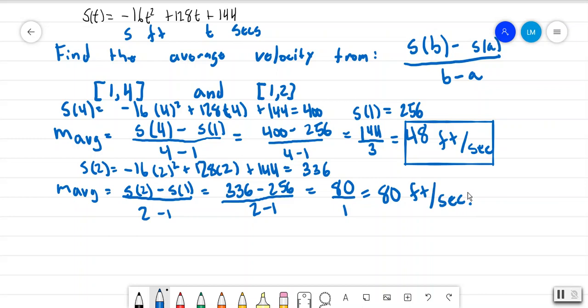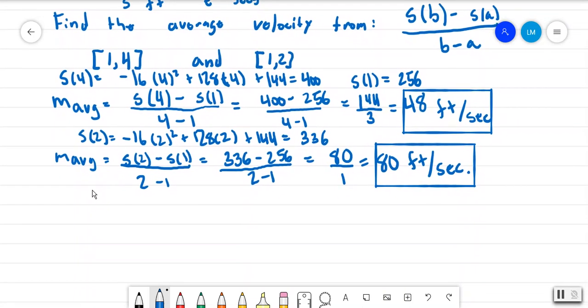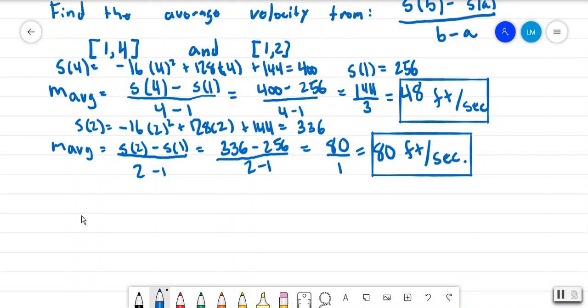Now, one way that we can look at this is that you were finding the average rate of change over that specific time interval. So what you're also finding is what we call the secant slope. To give you an idea of what we just did, imagine if you draw the graph of the equation.